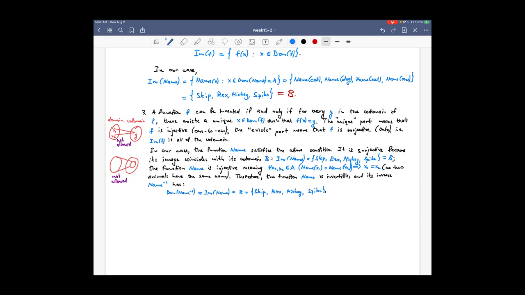And the image of the function inverse to name coincides with the domain of the original function name. That simply is the set A. We know that's cat, dog, rat, and cow.